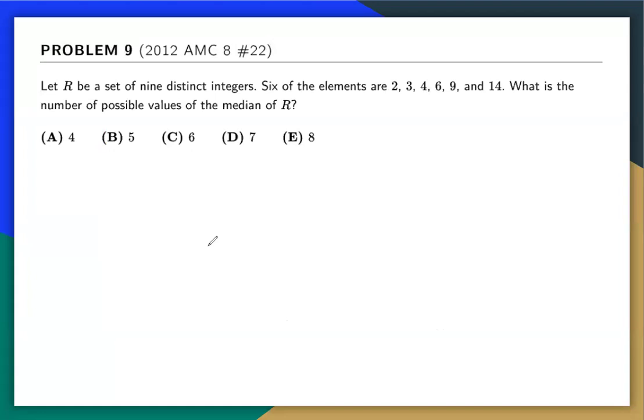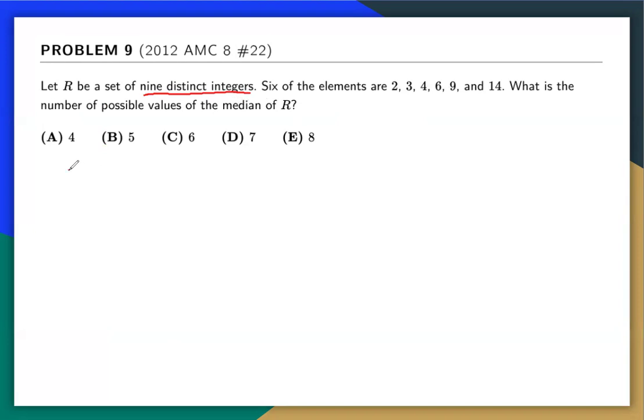What is the number of possible values of the median of R? You can start with some boundaries, just to see what would be the least and the largest number to determine at least the range. We are told 9 different integers, so keep that in mind. We have 6 numbers given, and then we need 3 other numbers.